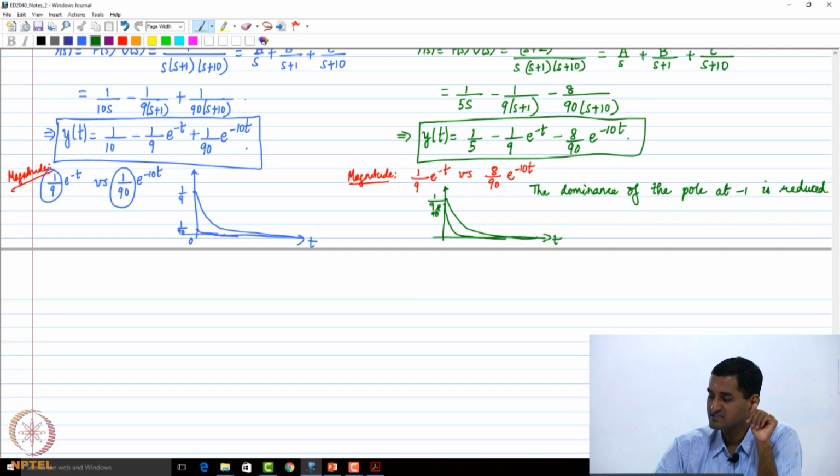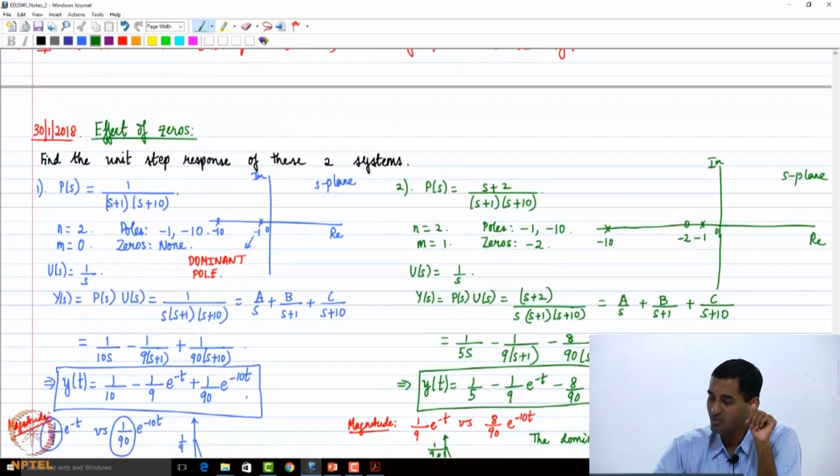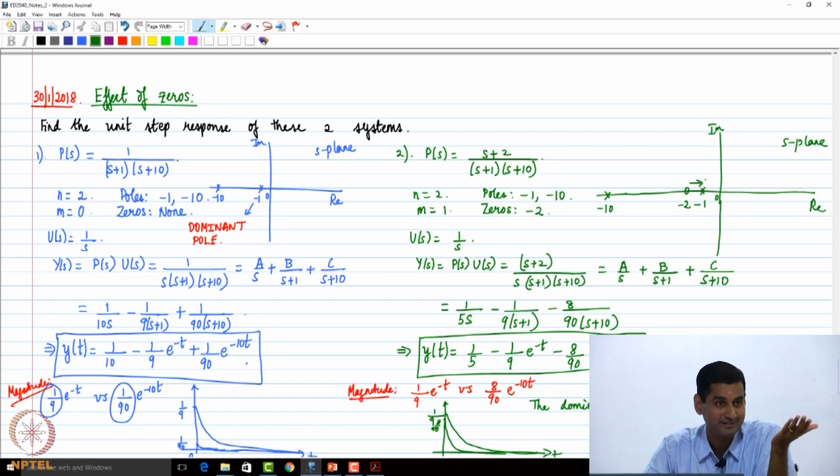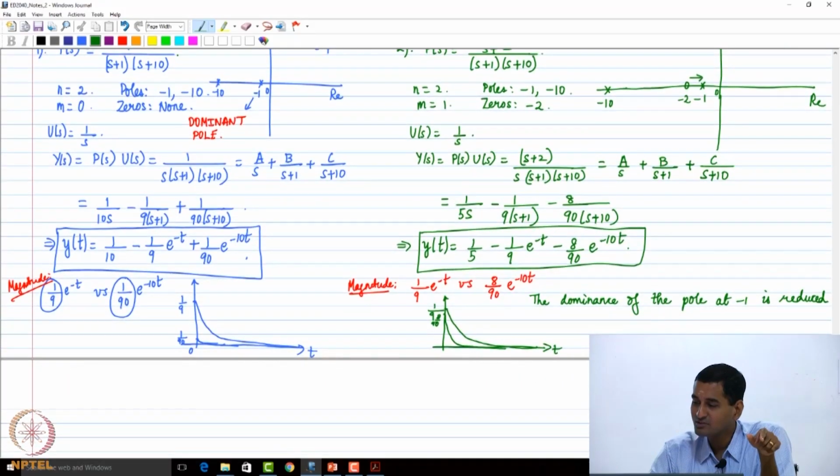Now, what happens is the following. As you keep on moving the 0 closer and closer to -1, the effect is going to be reversed. So what you raised, like when can the residue be higher? As you keep on going closer and closer to -1, the dominance of the pole at -1 will keep on reducing further and further.